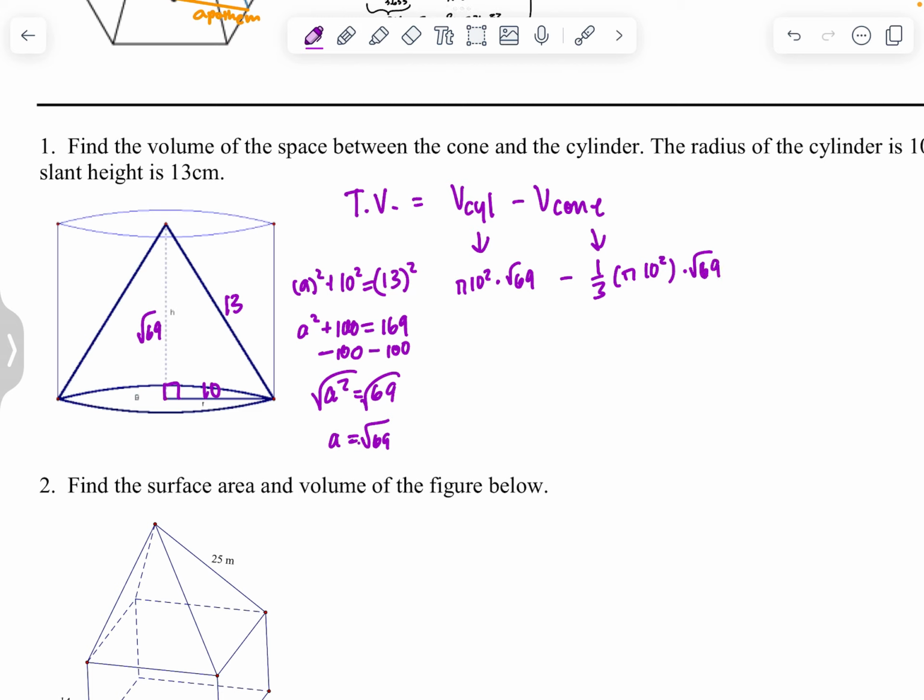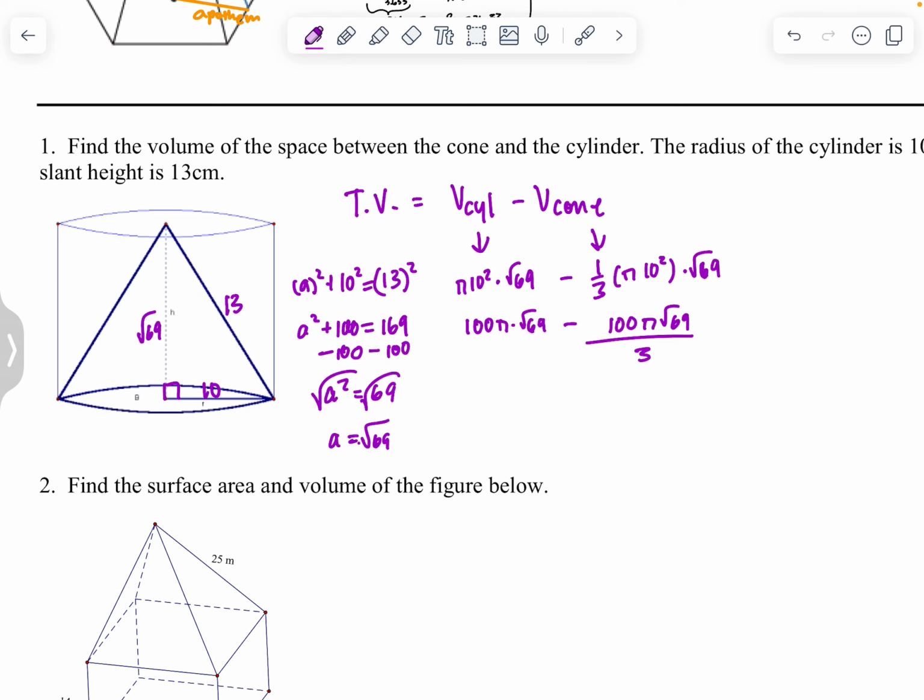And then we calculate. Well, 10 squared is 100, so this is going to be 100 pi root 69, subtracted from almost the same thing, 100 pi root 69 over 3.